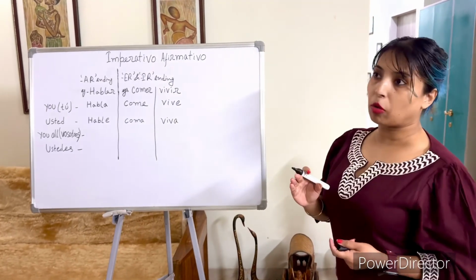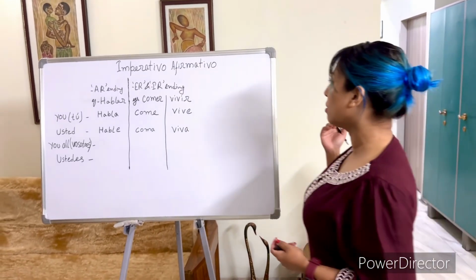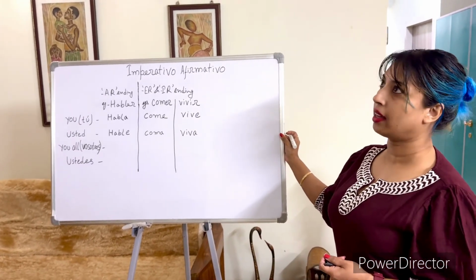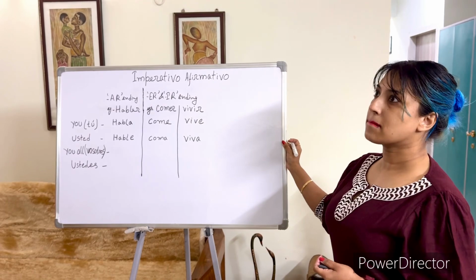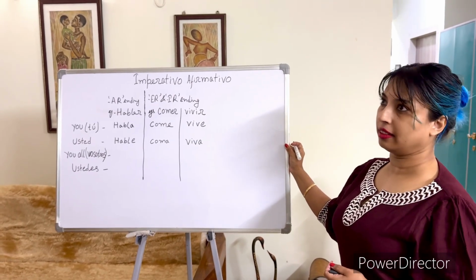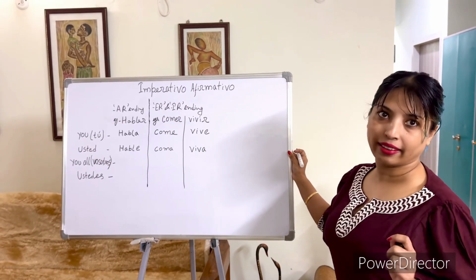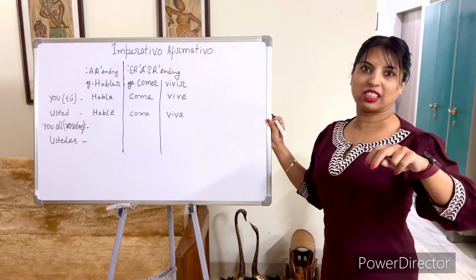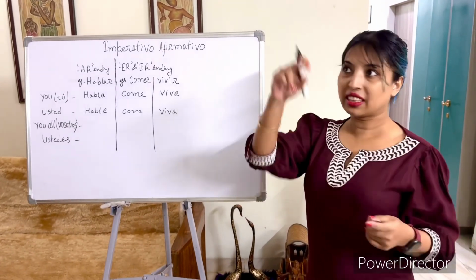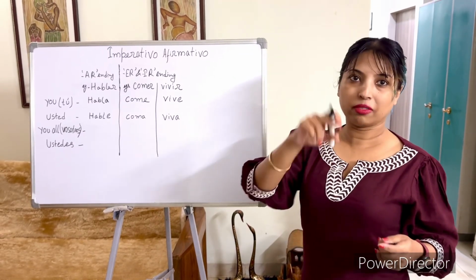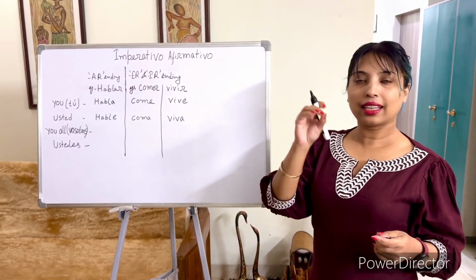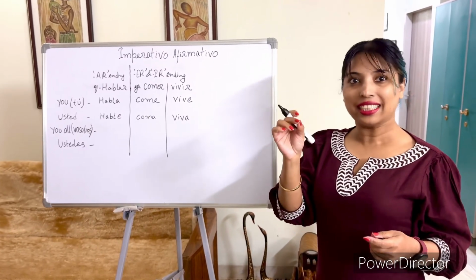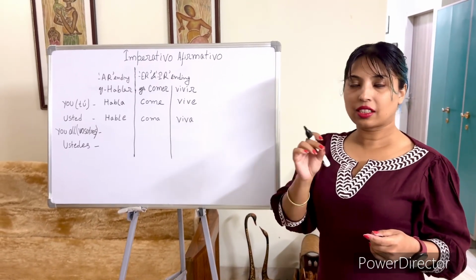I can give you an example of verbs where it is different. Like coger. The yo form conjugation of coger is cojo, with J, C-O-J-O. Then it is coges, coge, but with G, C-O-G-E-S and C-O-G-E.